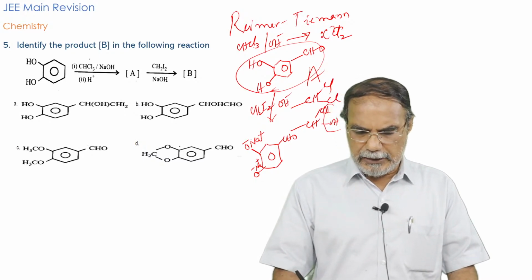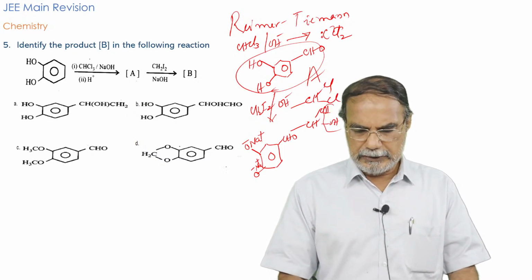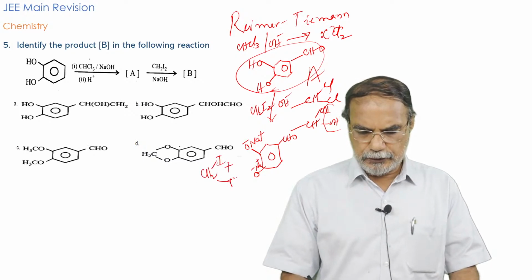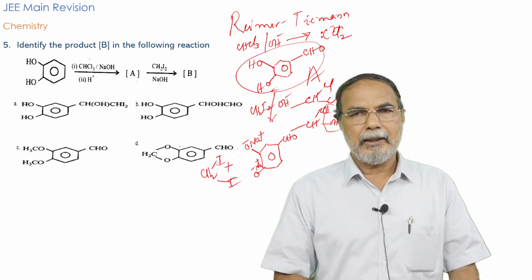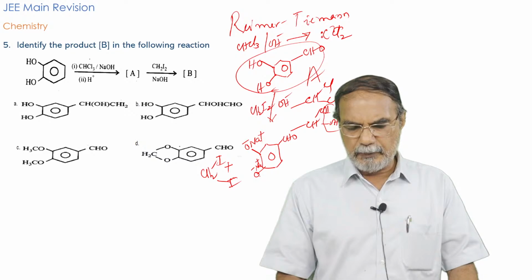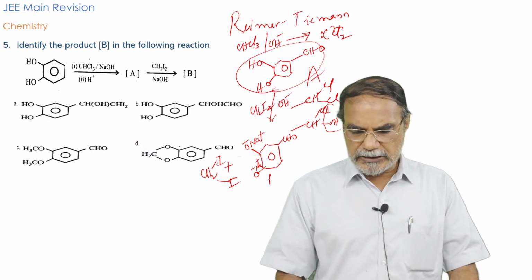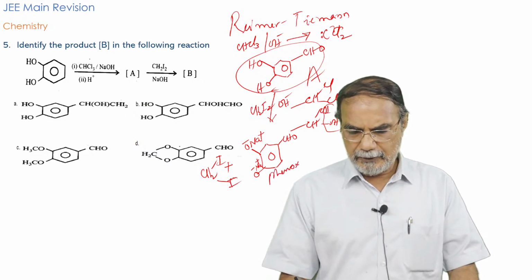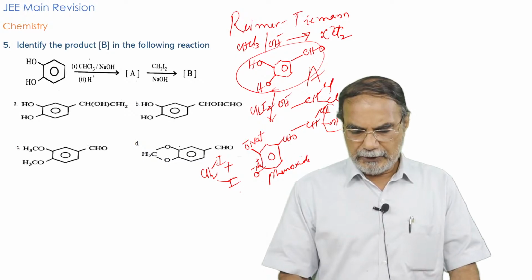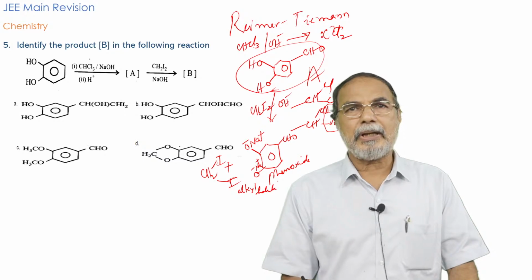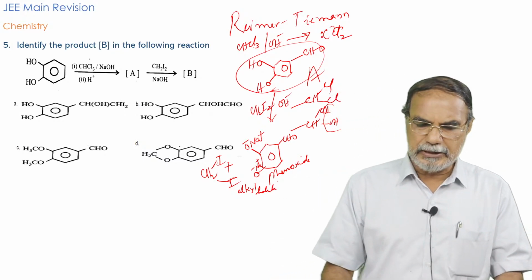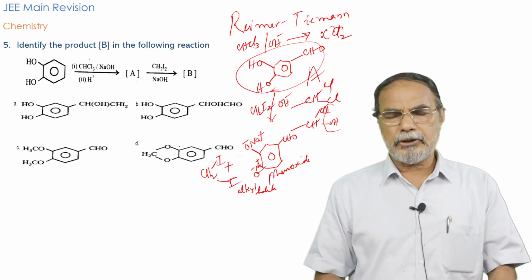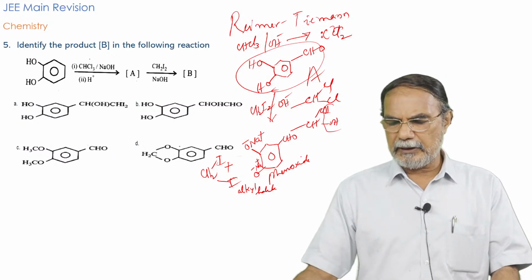So once the disodium salt is formed like this, the methylene iodide can react here, CH2I, CH2I, and here you have NaI, and here also you have NaI. The reaction is very similar to the reaction of a phenoxide with an alkyl halide.